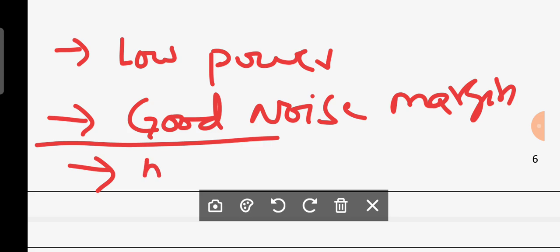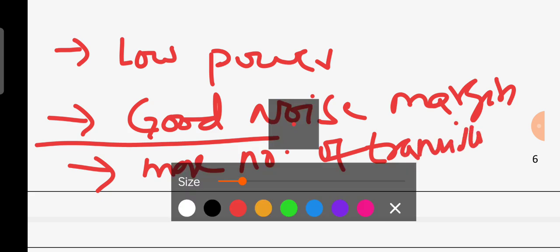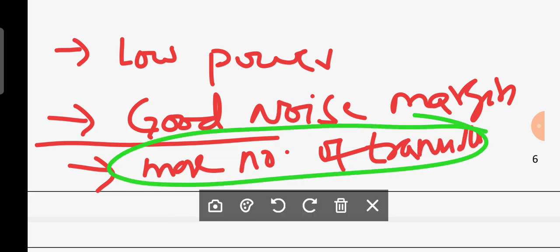More transistors are required. That is a drawback you can talk about. To overcome this, we should move to other forms of CMOS logic, also referred to as alternate forms of CMOS logic.